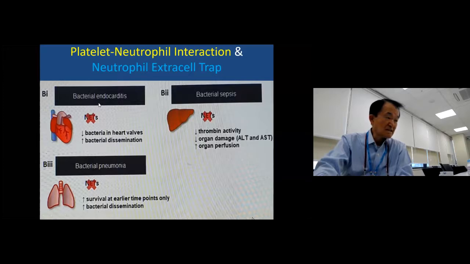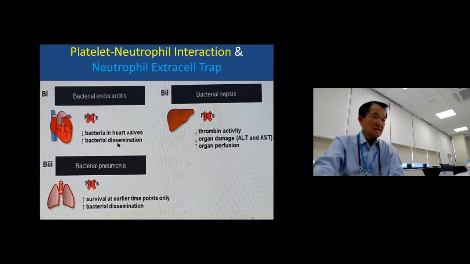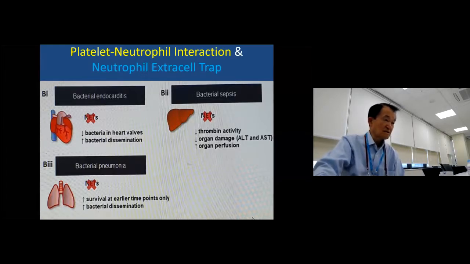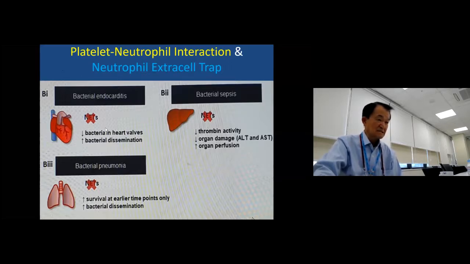So in bacterial endocarditis, bacterial dissemination, the neutrophil extracellular trapping is increased. But if the bacteria is in the heart valve, it's decreased.